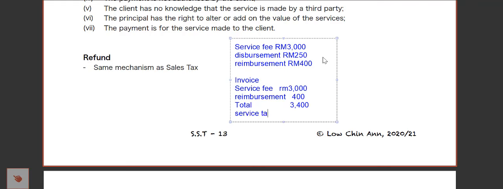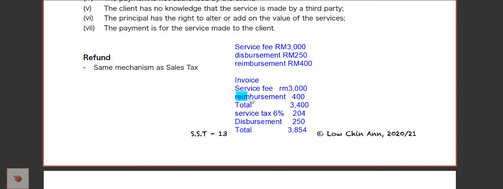Then the service tax 6% on the 3,400, which is 204. Then only you include the disbursement, which is 250. So the total value of the invoice will be 3,854. So that's what you need to remember. Reimbursement will be included for 6%, but disbursement no.